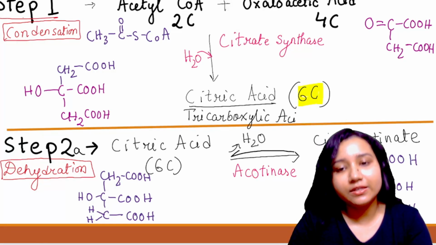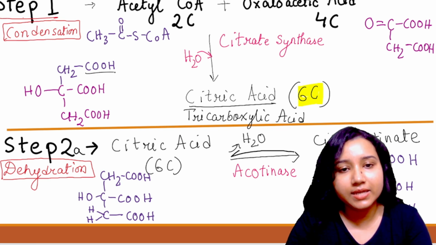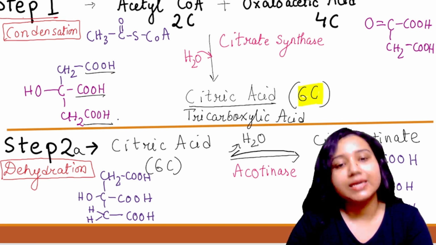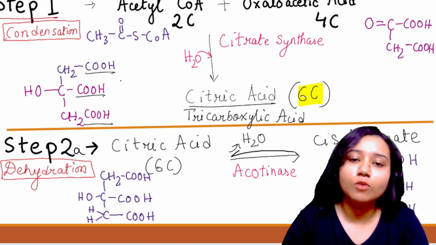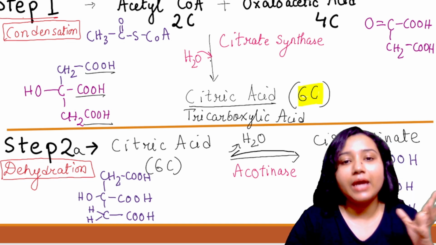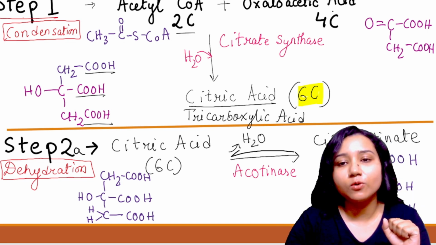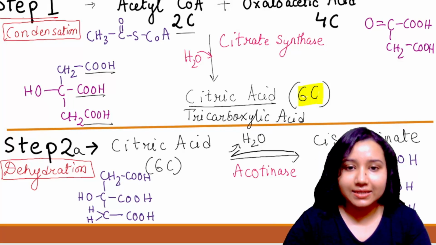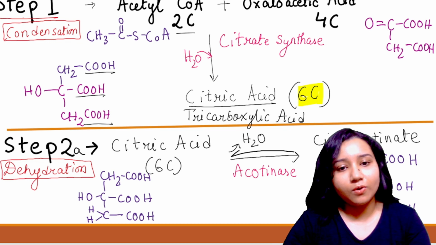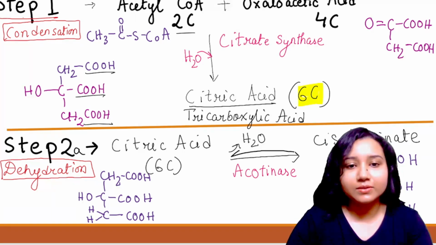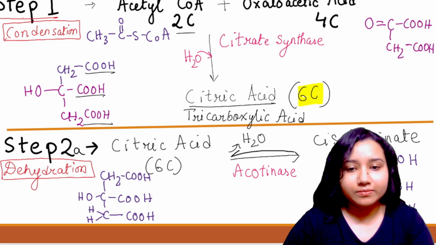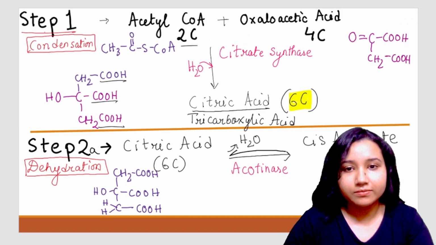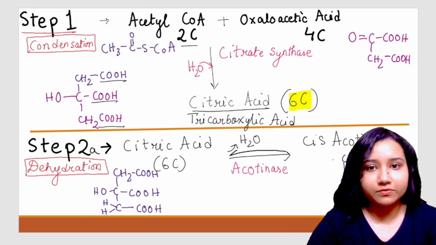It is our citric acid, because you can see there are three carboxylic acid groups present in the formula of our citric acid, and it is forming due to the two carbon acetyl CoA and also due to oxaloacetic acid. So if you want to write about it, you can take a note. Very important, please take a note about it. I hope now the screen is fully visible about the first step.